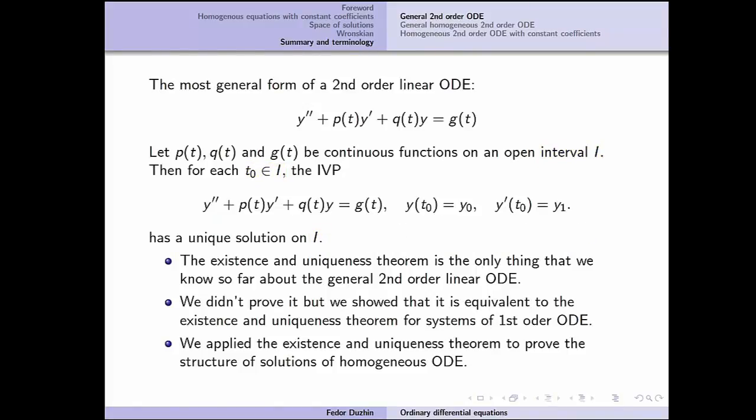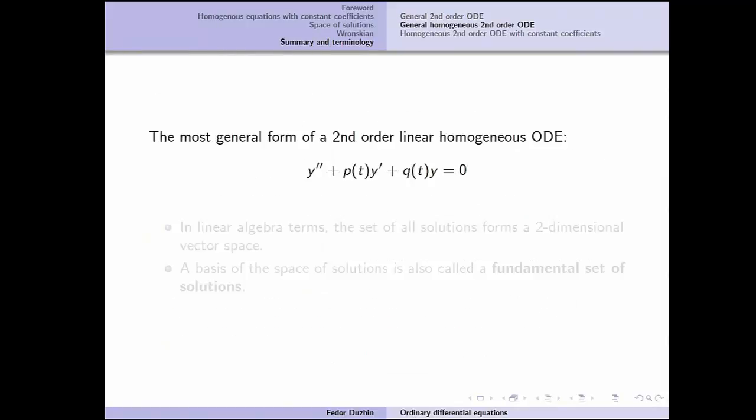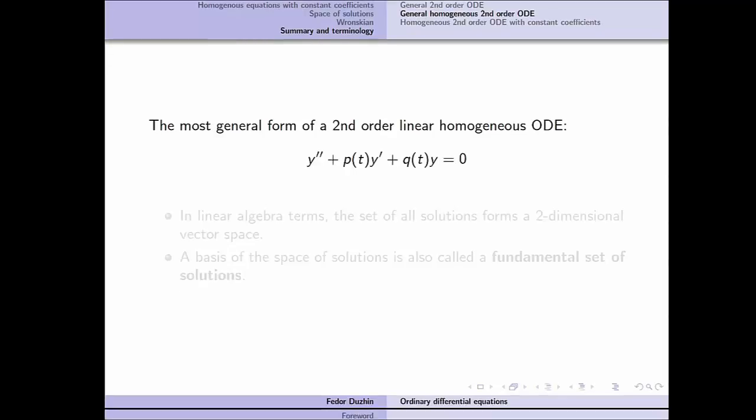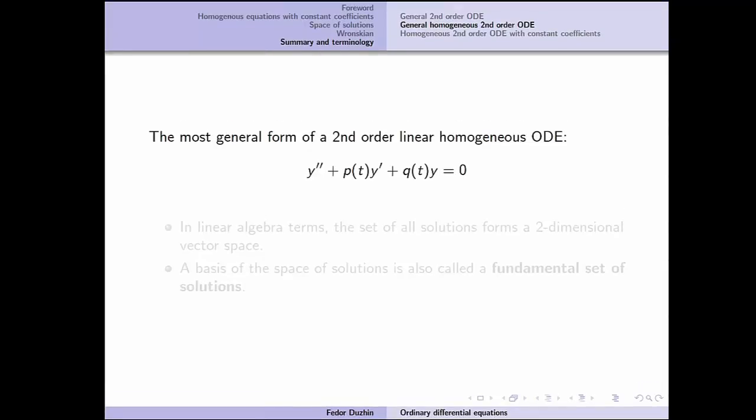We also applied this theorem to prove that the dimension of the space of solutions of a homogeneous differential equation is 2. If the right hand side of our differential equation is 0, then we call such an equation homogeneous, right?